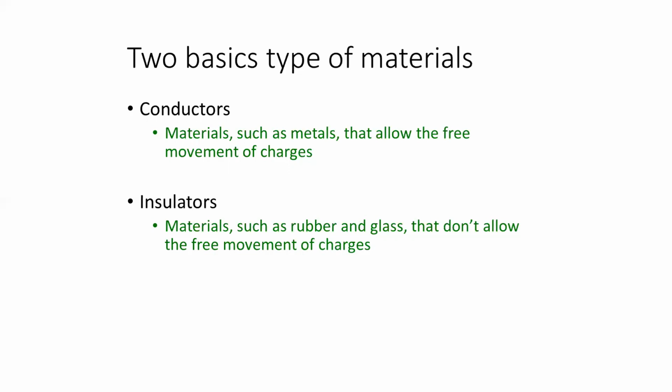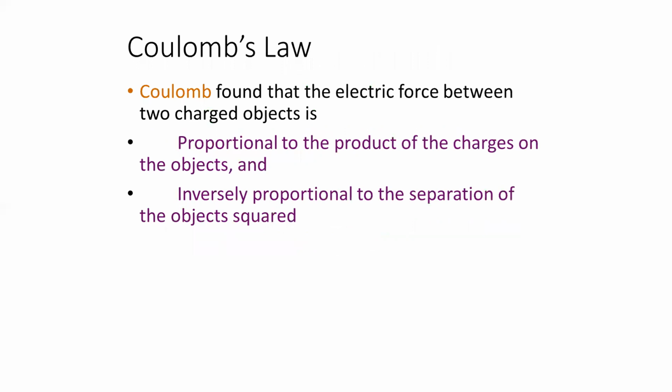In insulators, there are no free electrons or protons, no free charges. Materials such as rubber and glass that don't allow the free movement of charges are called insulators.